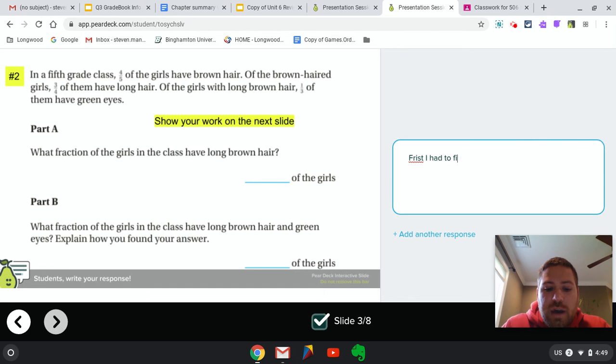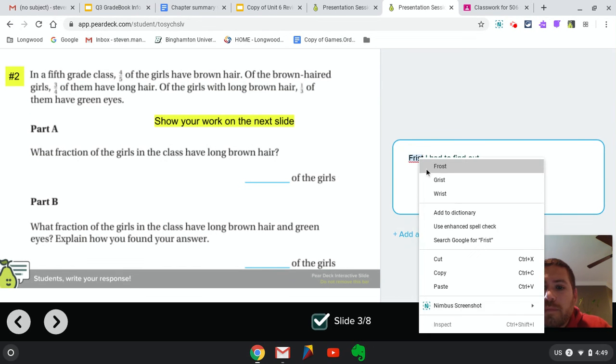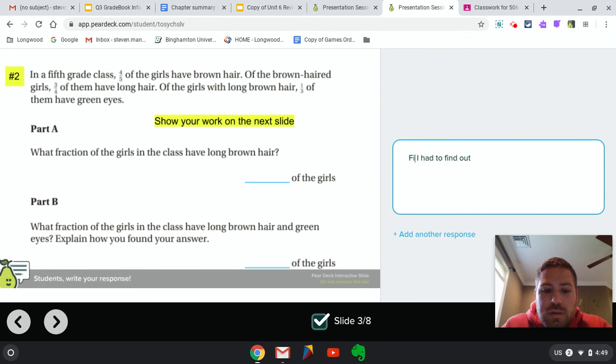First, I had to find out the fractional part of the girls that have long brown hair by multiplying, and we're multiplying 4/5 and 3/4.